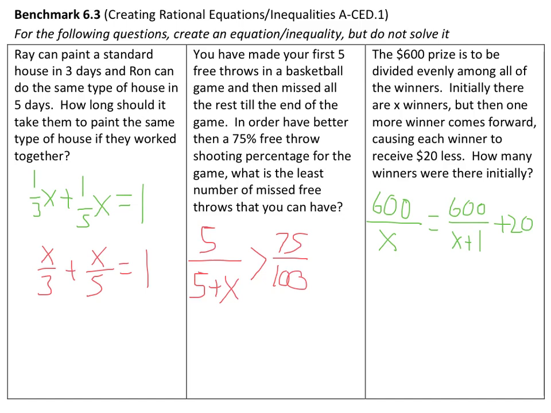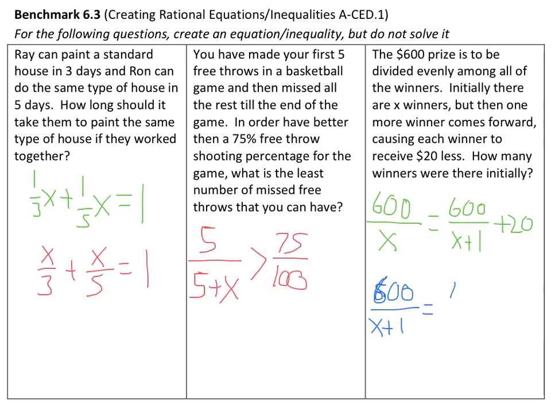Another way of looking at it would be this. If I start with the $600 divided by the X plus one people. So I'm talking about now the big one. What if we started with this? How much we have divided by what we have with the new person and everything.